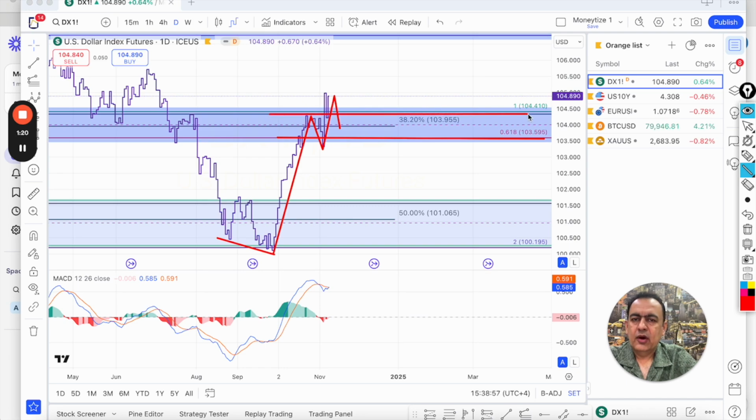So this is the support zone I'm talking about. So it is anticipated that dollar will remain strong. It may go into consolidation for a while, and until it remains higher than 103.59, the next target is 106.77 to 107.77.